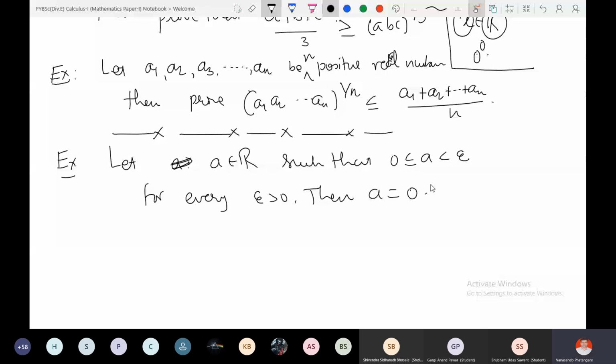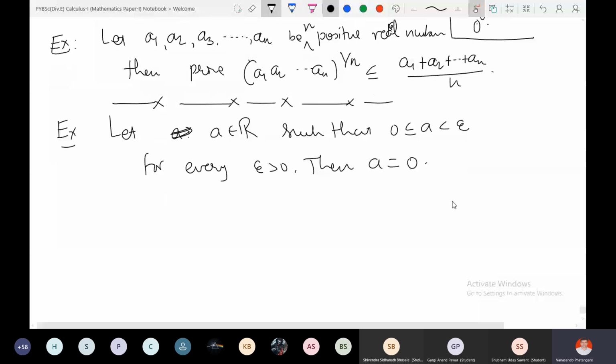So this exercise suggests that if a is a non-negative number, greater than or equal to 0, and it is less than every positive number, right? So what is a non-negative number which is less than every positive number? Then it must be 0, right? So 0 is the only non-negative number which is less than every positive number.